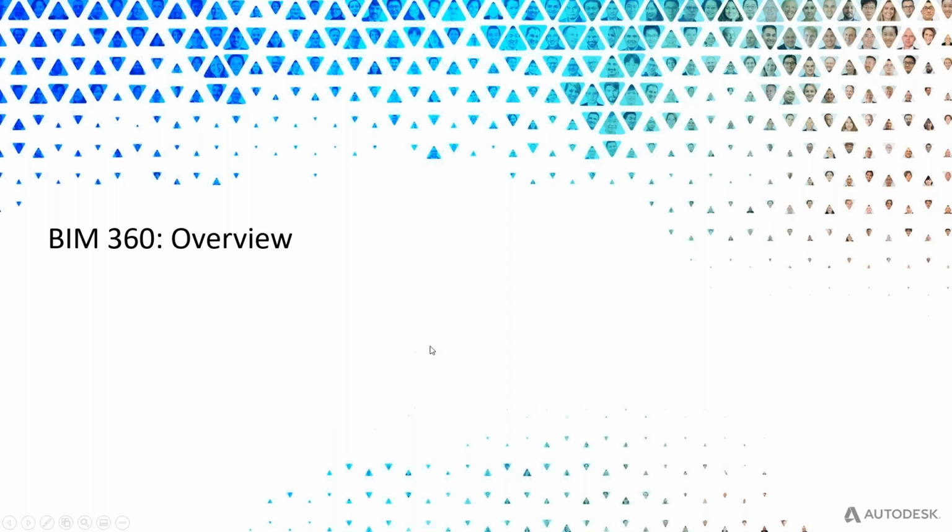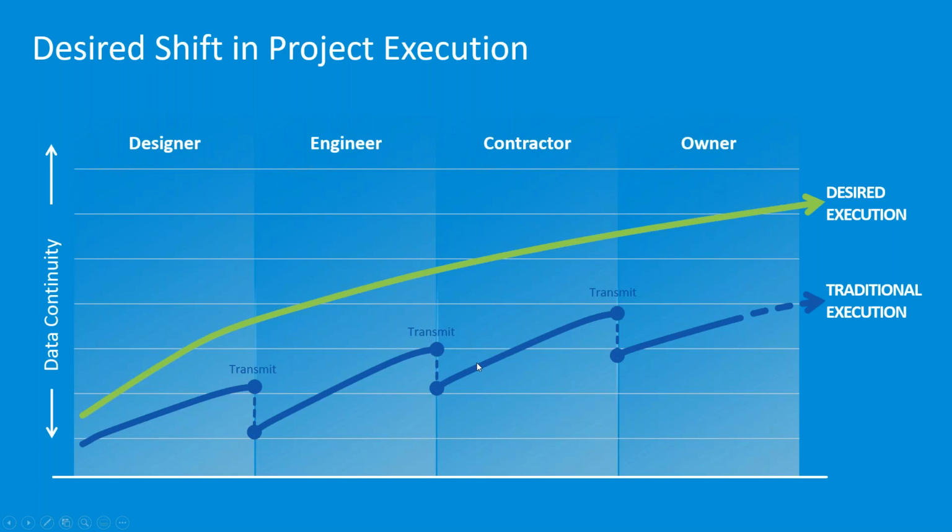So BIM 360, quick overview, a couple of slides, and then we're actually going to dive into the product. And I'm not going to do a whole overview of BIM 360. That would be too much, but I'm just going to highlight a couple of things within BIM 360. So as I mentioned, what's at the core of a digital twin is this single source of truth. It essentially is the fact that we want to enrich our design data from start to finish.